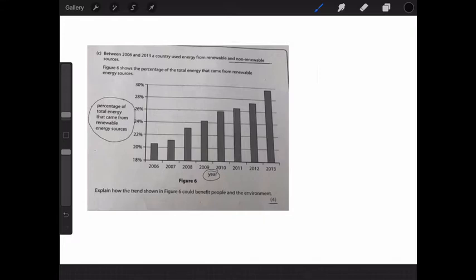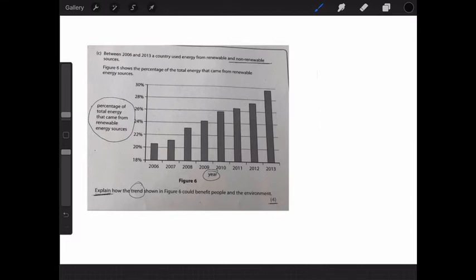So figure 6 is showing us that percentage of total energy, and therefore I can see that there is a trend, and I've got to explain the trend, not just state it. I've got to explain it, and that's why this is worth 4 marks. This isn't just say what the graph shows, it's say what the graph shows and then use your science knowledge or physics knowledge to explain it.